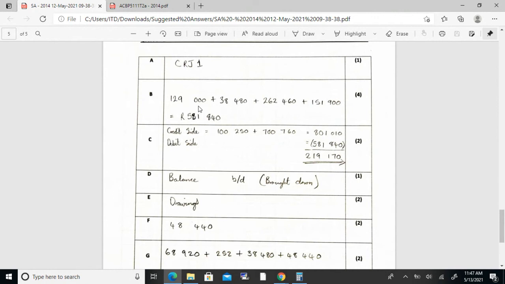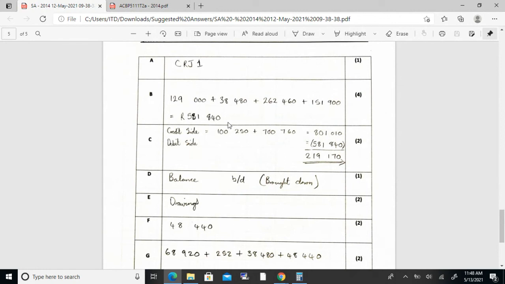It is actually correct. Sorry, because these are the totals on those columns. These are the totals. It's not just one single transaction. My apologies, guys. Okay, so yes, this is 100% correct. You should have this 581,840. Okay, my apologies.